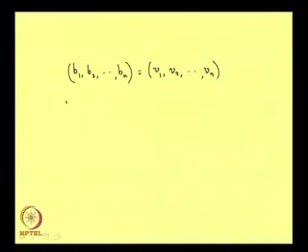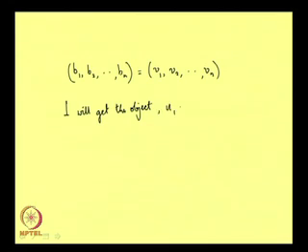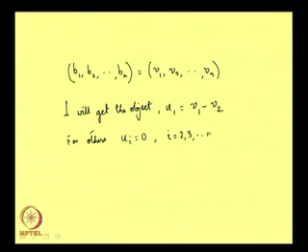In this case, person 1 will get the object, and the price that he will pay is equal to V2. V2 is the second highest bid here. So, this is his payoff, V1 minus V2. For others, the payoff is 0.